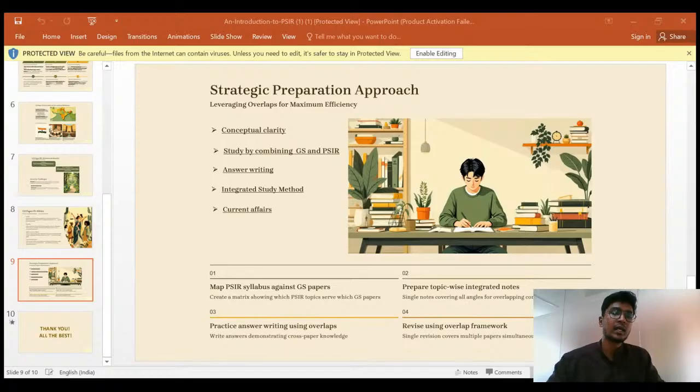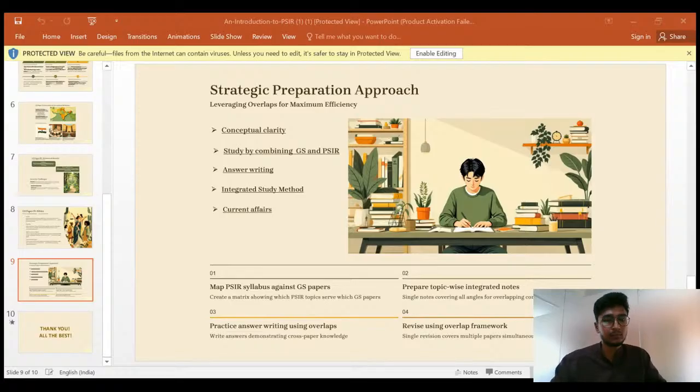But when you write the PSIR conceptual answers, you get proper practical knowledge of how to apply these concepts wherever possible. This is an advantage you will have when you practice answer writing.